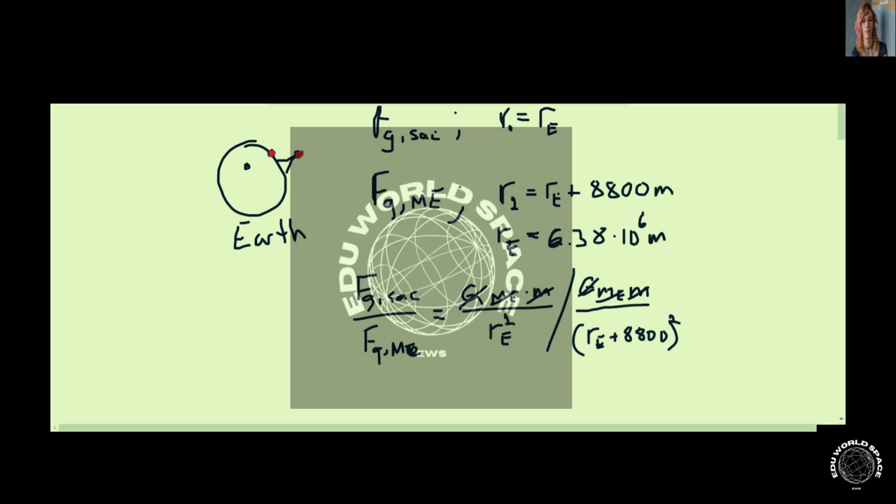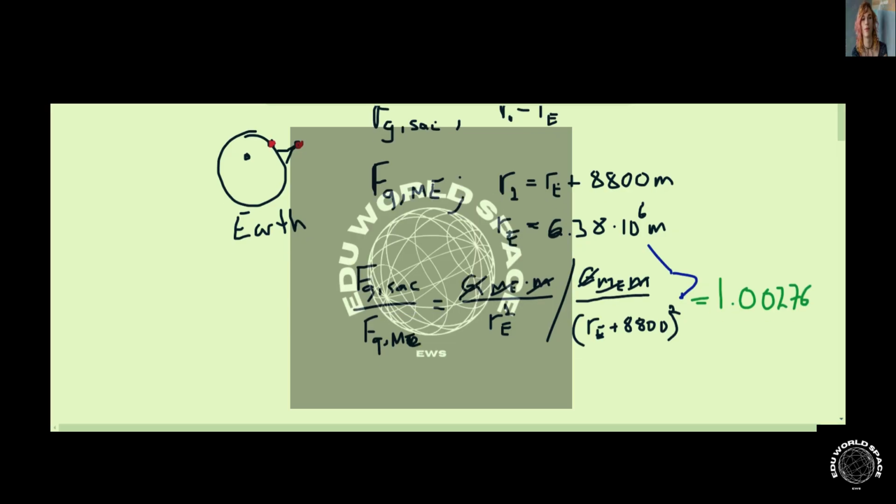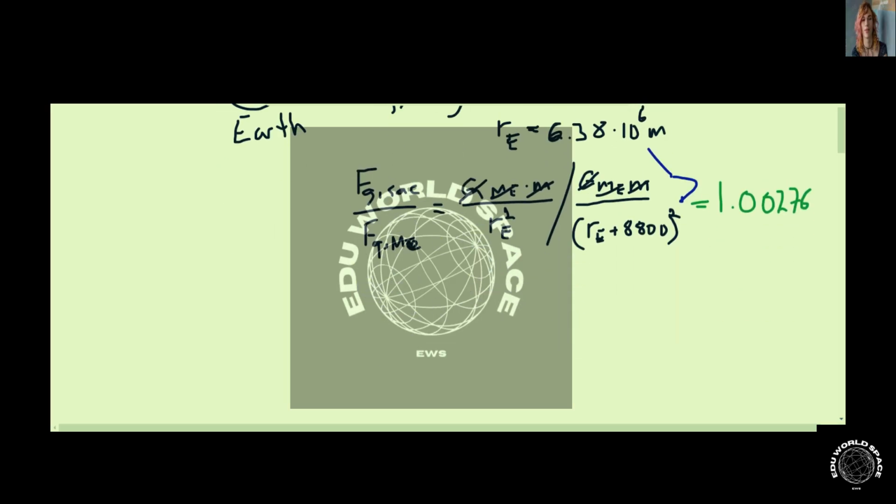And if we plug this into our equations, we find that this is equal to 1.00276. So the ratio is this, which means that the difference in weight in Sacramento and Mount Everest is 0.28%.